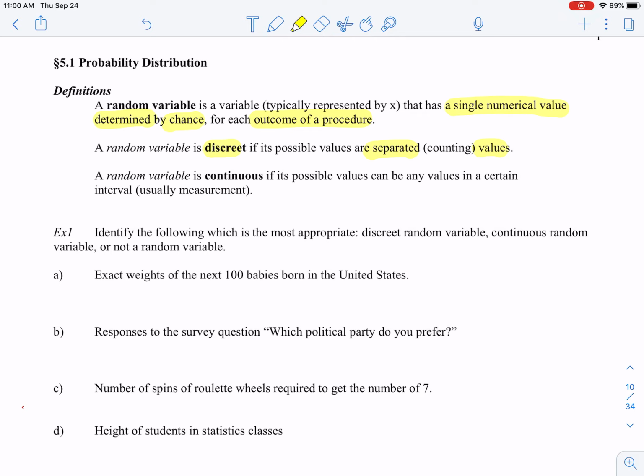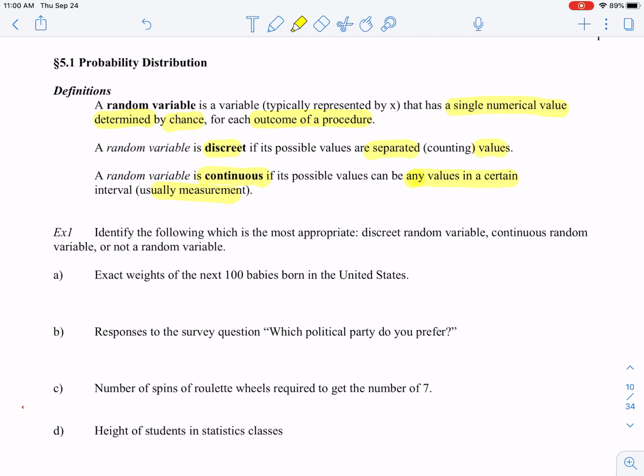And then we have a definition of a random variable to be continuous if the possible values can be taking any values in a certain interval using measurement. So again, we also discussed continuous data value in the previous chapter. In this chapter, we're going to tie those two concepts to a random variable.